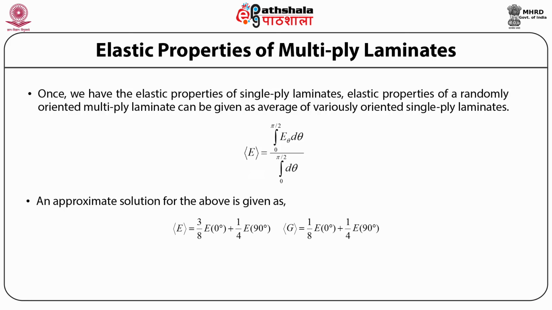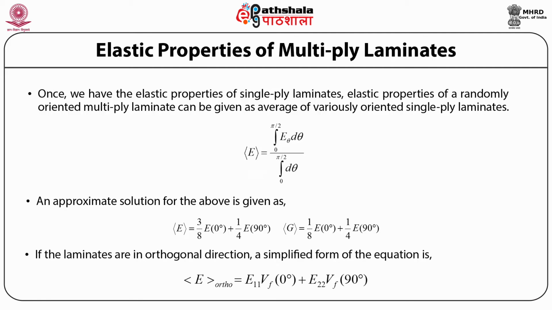An approximate solution for the above equation is given as average of E is equal to 3 by 8 E at 0 degree plus 1 by 4 E at 90 degree, and the average of G is equal to 1 by 8 E at 0 degree plus 1 by 4 E at 90 degree.